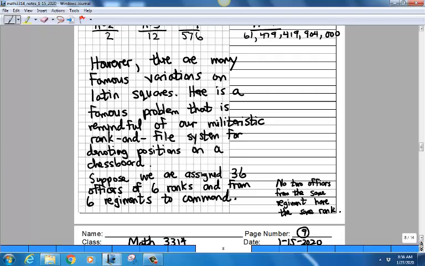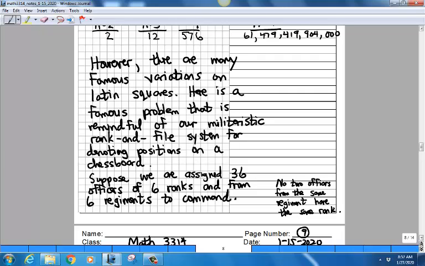Of different ranks and different regiments. Now, what we want to do is arrange the officers into a drill formation. We want to put them in a 6x6 drill formation. In other words, we're going to arrange them into a 6x6 array, but we want to do it in such a way that each rank and each regiment is represented in every row and every column of the drill formation.